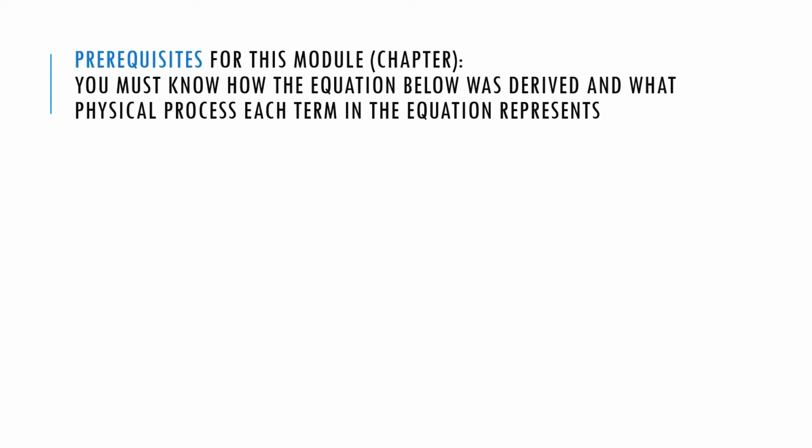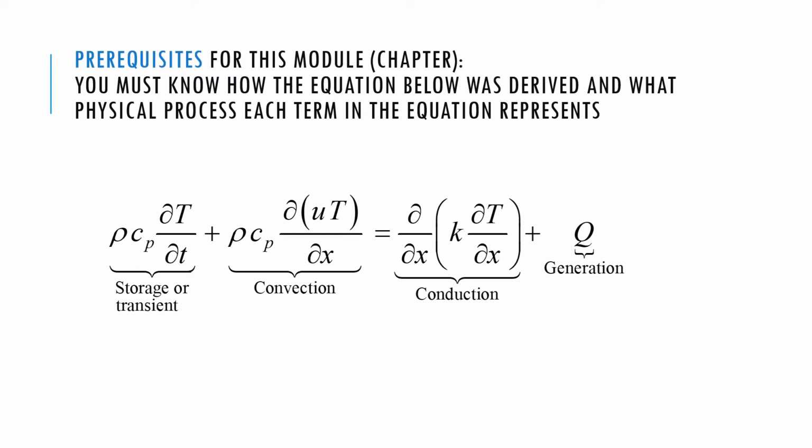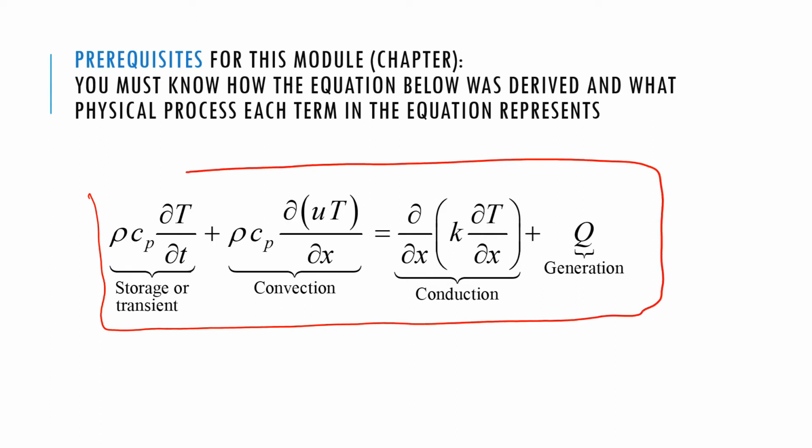Now a little about the prerequisites for this chapter. What you must know is the derivation of this transport equation, how it was derived, and most importantly, what each term represents. To recap, it comes from conservation of energy. In the past, we only kept this conduction term.